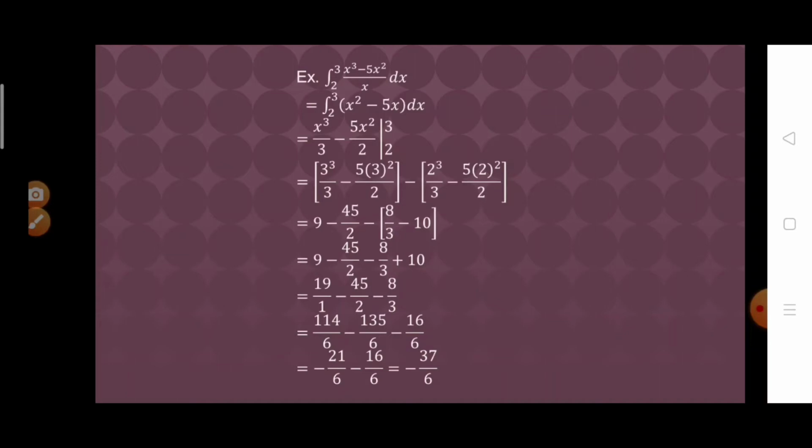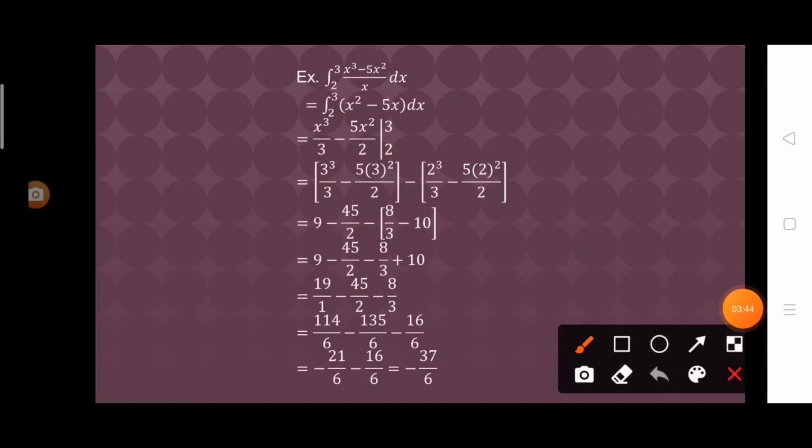So we have the quantity x squared minus 5x dx evaluated from 2 to 3. The antiderivative of x squared is simply x cubed over 3 minus the antiderivative of 5x, which is 5x squared over 2, because 1 plus 1 is 2, evaluated from 2 to 3.